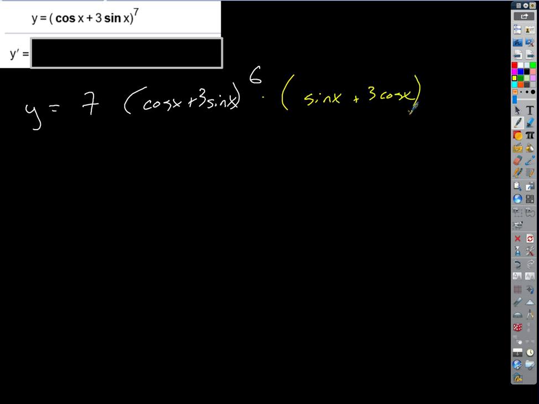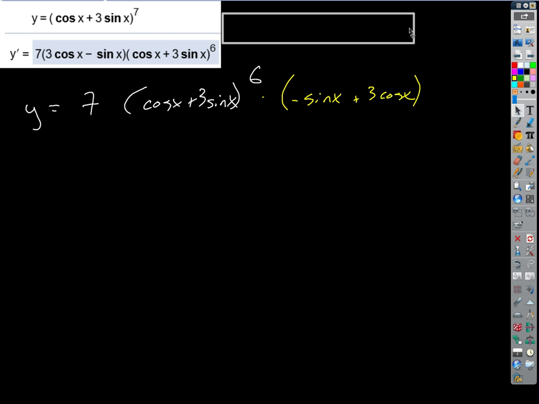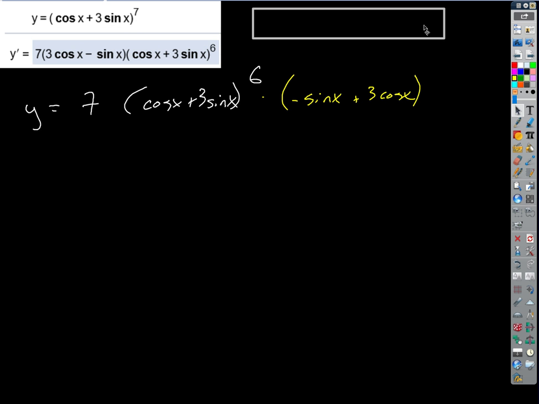Okay, is there one little thing we've got to fix there? Negative sine x. There you go. And that's fine. You can just leave it like that if you want. That's technically the answer, but it can be juggled around just a little bit, though you don't have to.